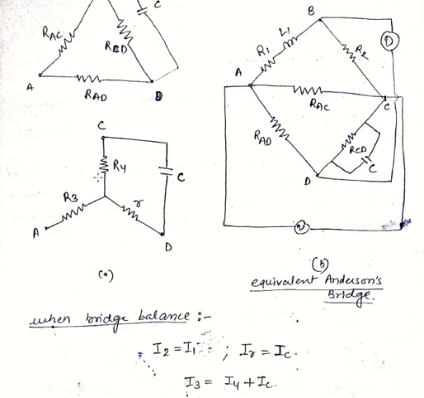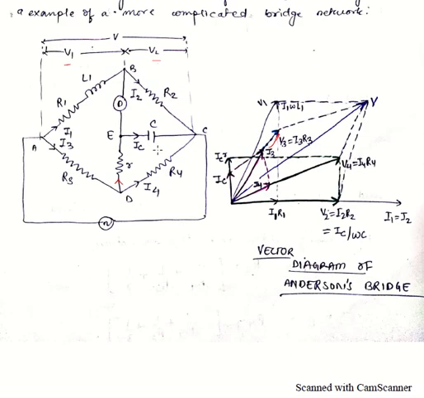Here you can see we have taken R3, R4 and small r. This capacitor is in connection with C and D. The potential at this point and this point will be the same, so the connection of this capacitor is taken directly from C and D.